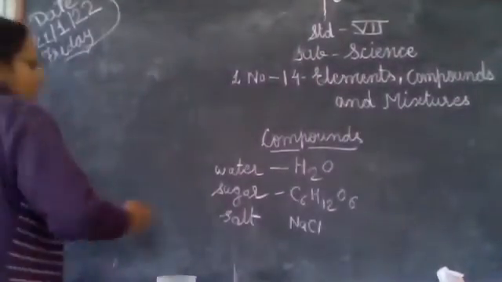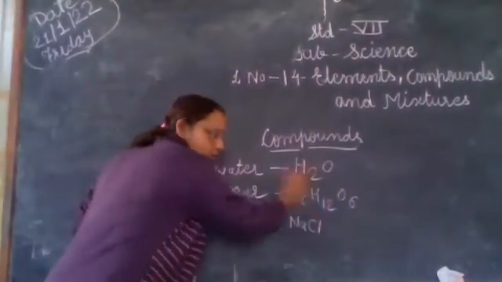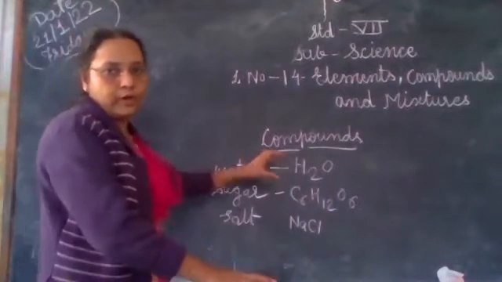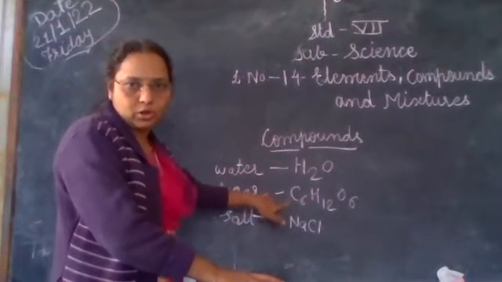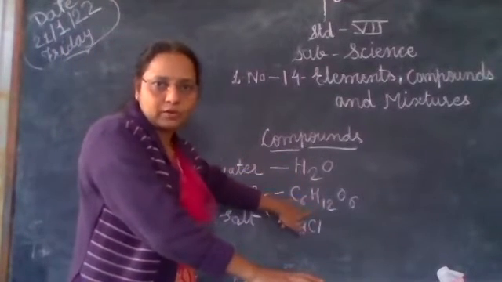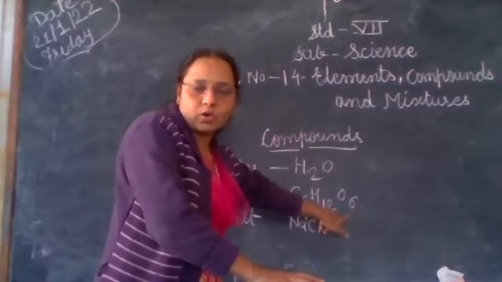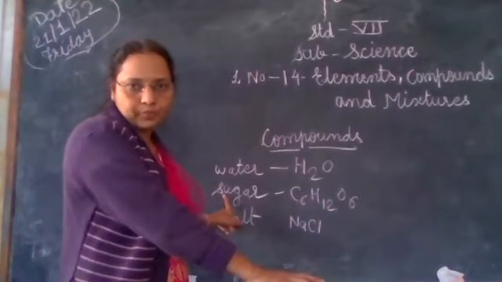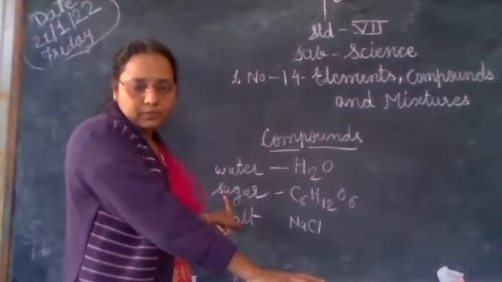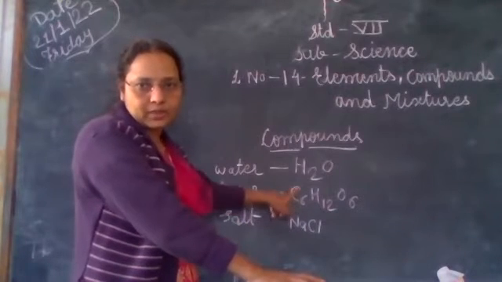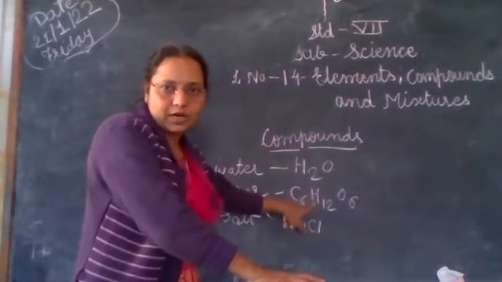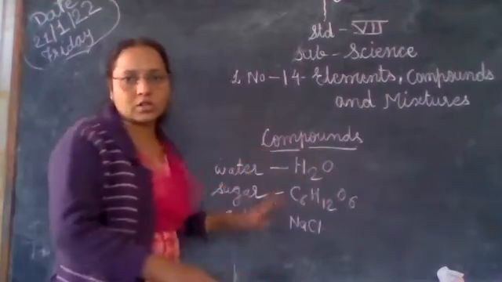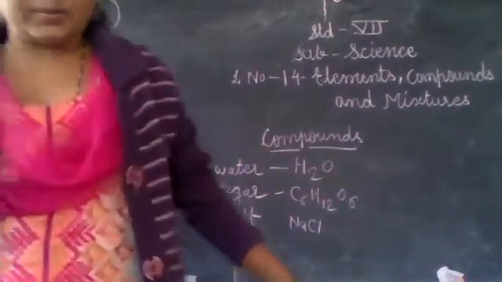For example, in sugar we write C6H12O6. When 6 atoms of carbon, 12 of hydrogen, and 6 of oxygen combine together, they form a sugar molecule. Here C means carbon, H means hydrogen, and O means oxygen. Understood?